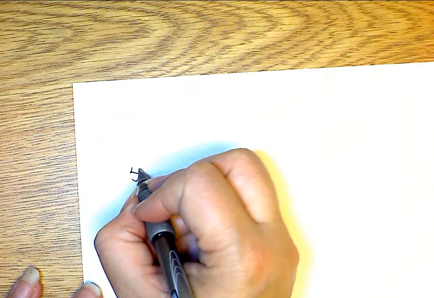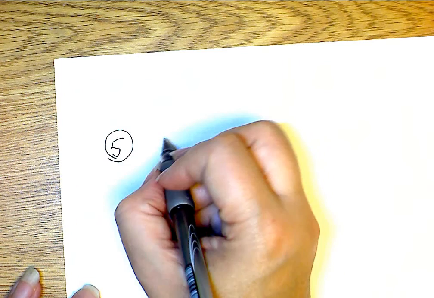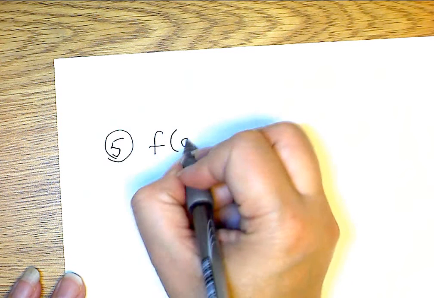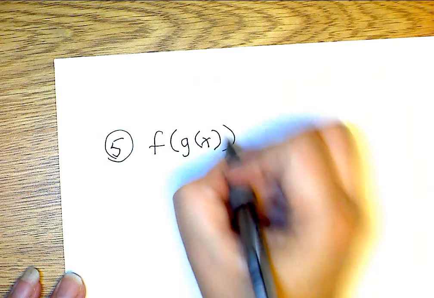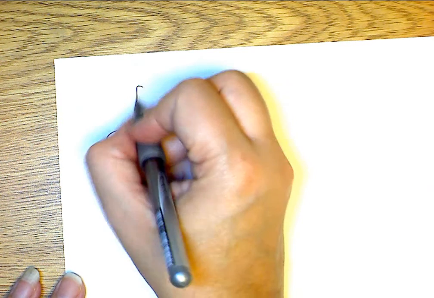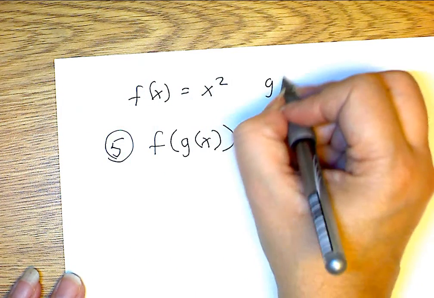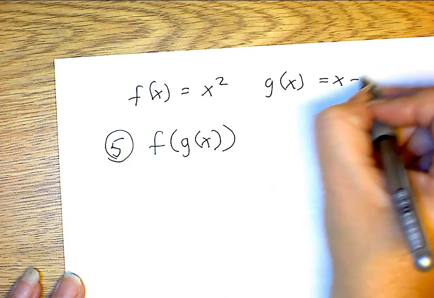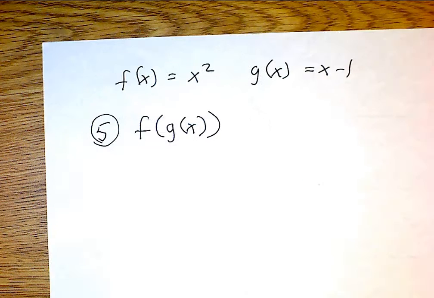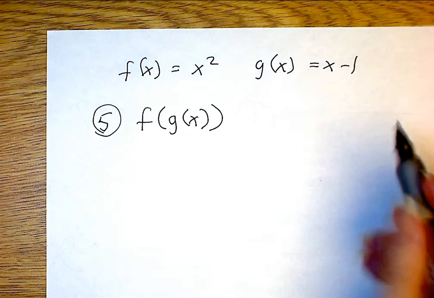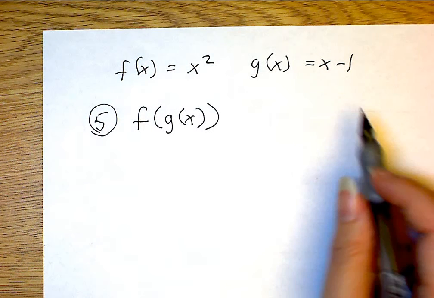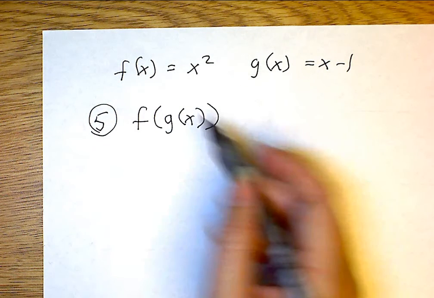On 5, we are going to find f of g of x, where f of x is x squared, and g of x is x minus 1. Now we always have to go to the innermost.